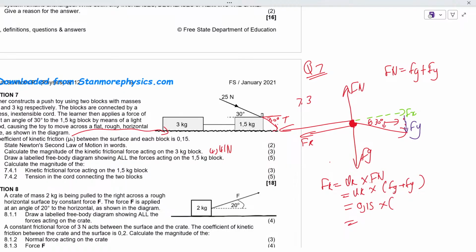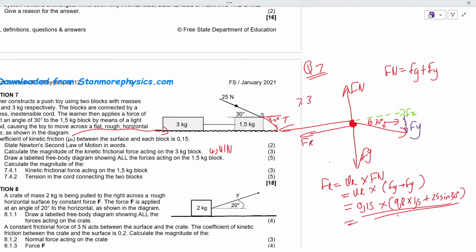So now FG is equal to mg. The mg equals 9.8 multiplied by the weight 1.5, and then there will also be the Fy, which is this force, 25 sine 30, and then we get our answer.